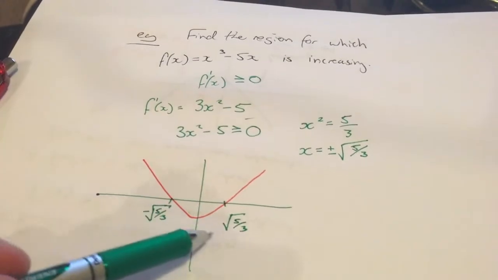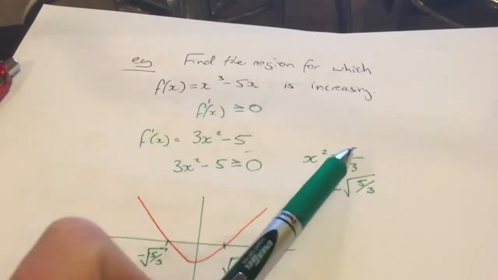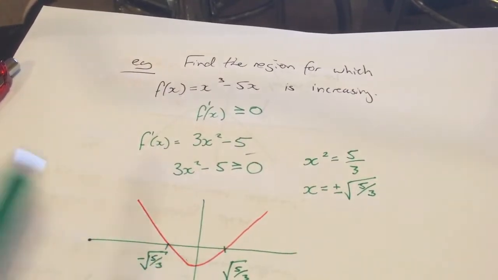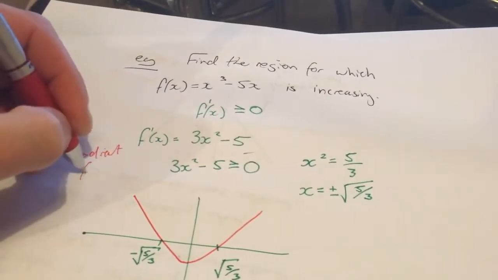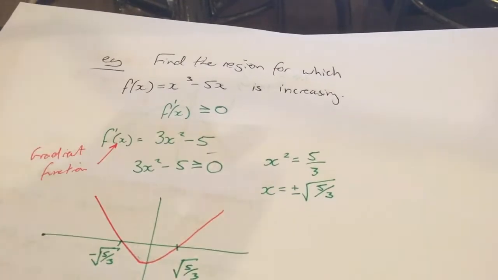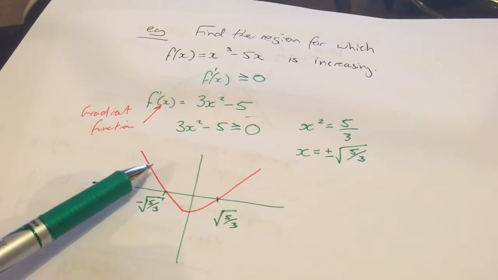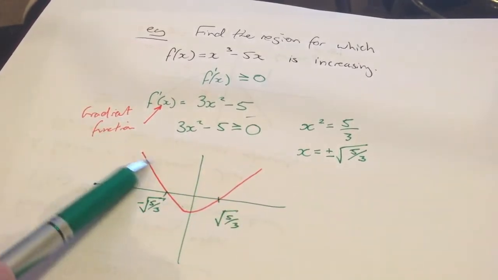So this graph is increasing when this is positive. Our function here is increasing when the gradient function, which we plotted here, is positive. The gradient function is positive for all values here and all values here.